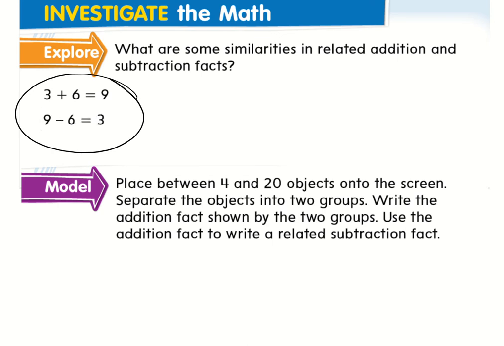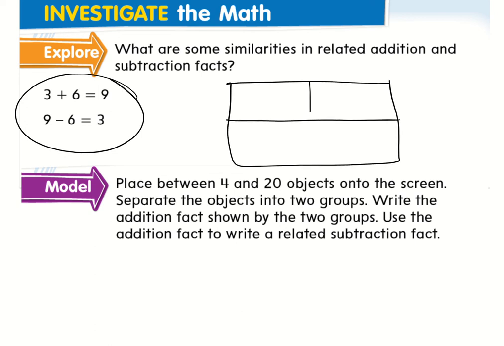If we go back to our part whole maps, boys and girls, I always put one part here, which is 3, one part here, which is 6, and the whole is going to be the biggest number that we have right there. So if I was doing addition, I would do 3 plus 6 equals 9. That's how those ones work.